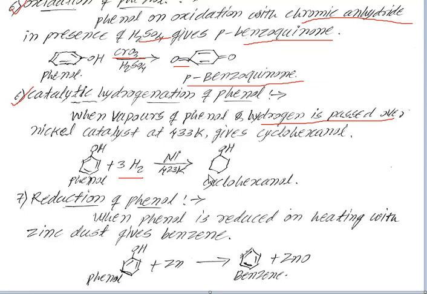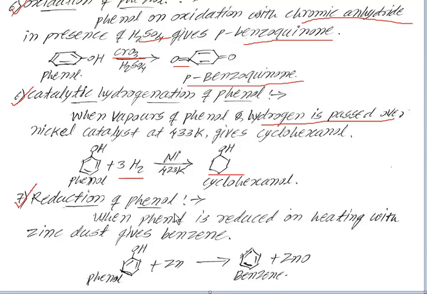The formula of cyclohexanol is C6H11OH. Here is C6H5OH, and we get a product, C6H11OH.